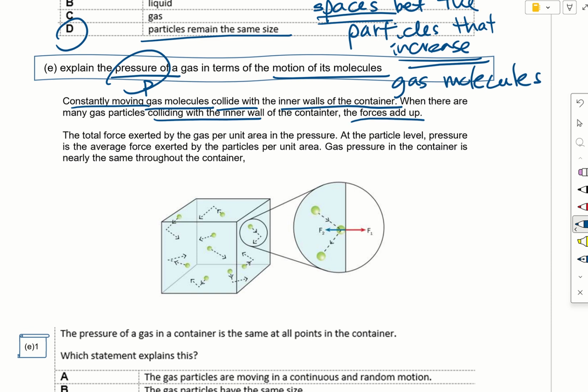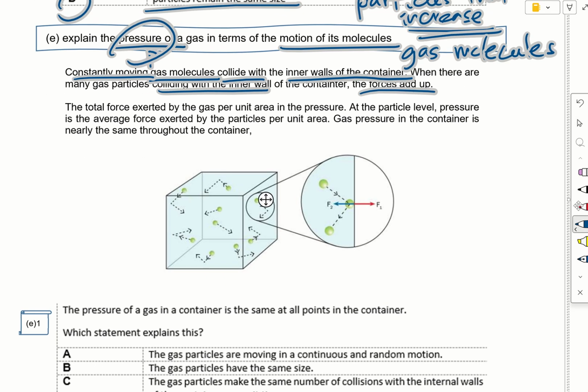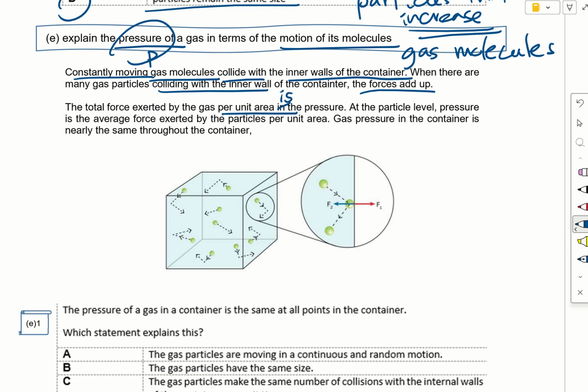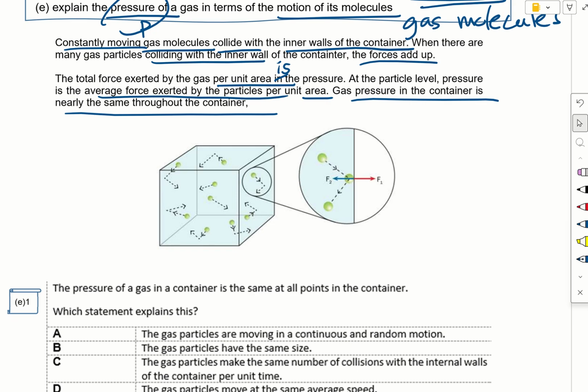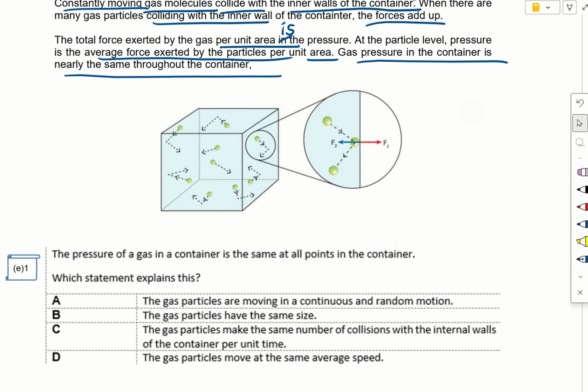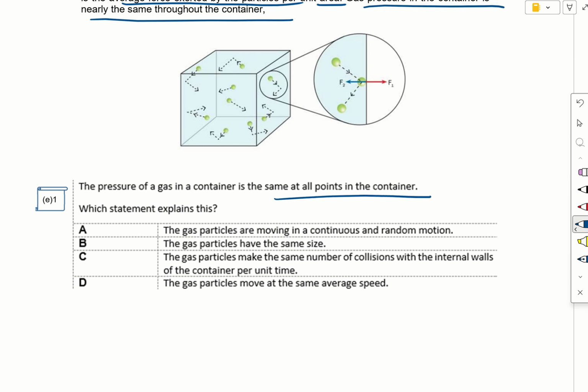They exert a force upon collision. The total force exerted by the gas per unit area is the pressure. At the particle level, pressure is the average force exerted by the particles per unit area. So gas pressure in the container is nearly the same throughout the container because there are so many particles. So the pressure of a gas in a container is the same at all points in the container.